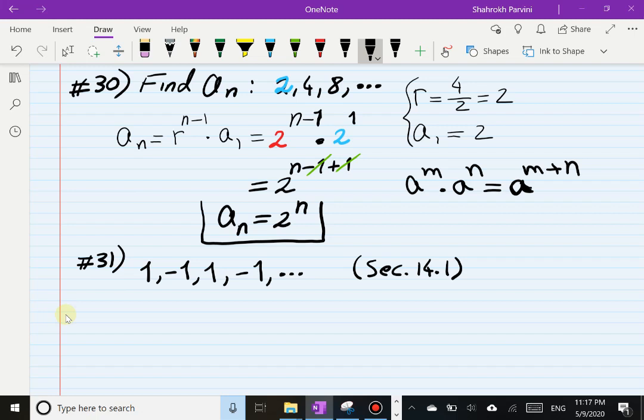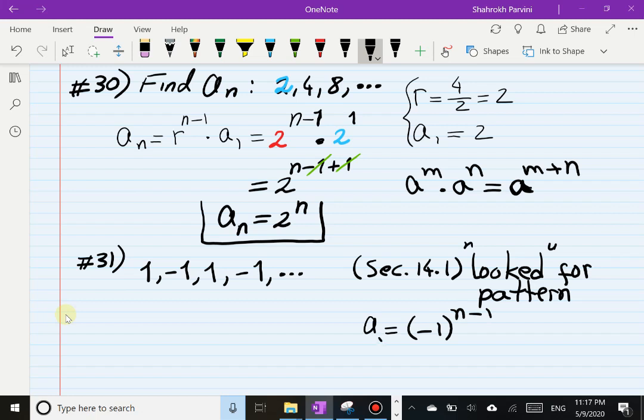In that section, we looked for a pattern, and that's how we got the answer. I believe the answer we got was negative 1 to the n minus 1, right? That was a sub n. Again, this is using the method of section 14.1, looking for a pattern.